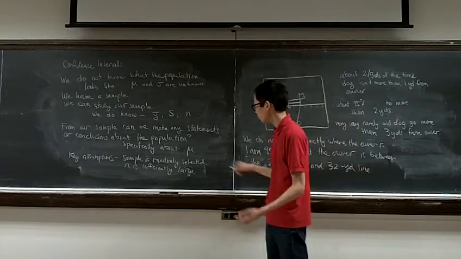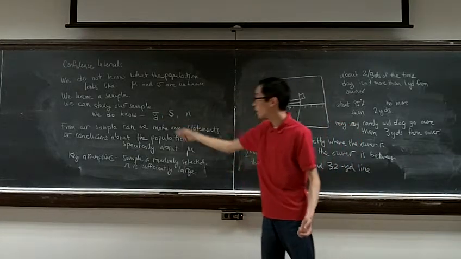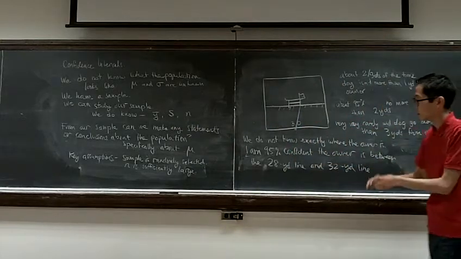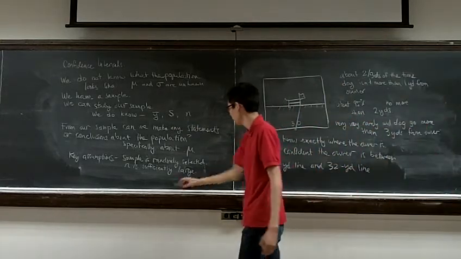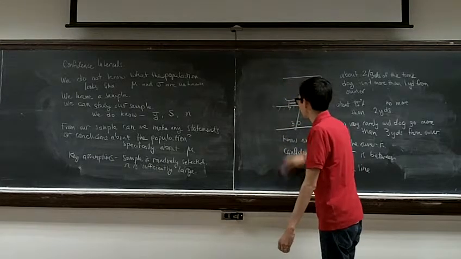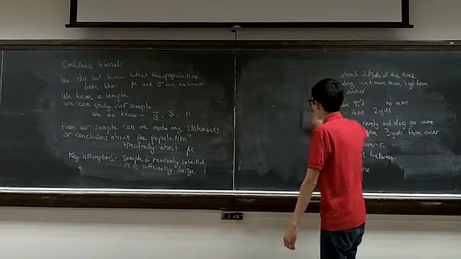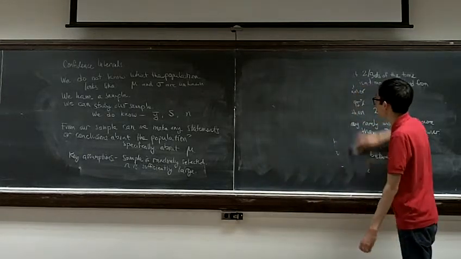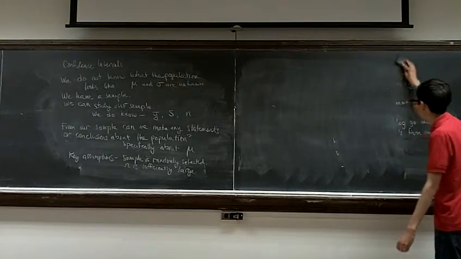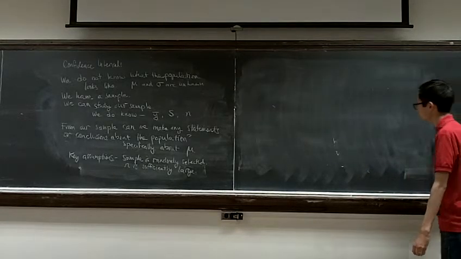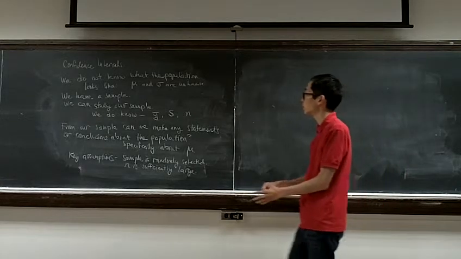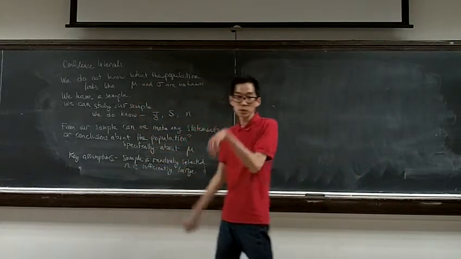So the location of y bar kind of follows the location of the dog. So we can observe y bar, and based on what we know about y bar and the properties of the normal distribution, we can make statements about mu.